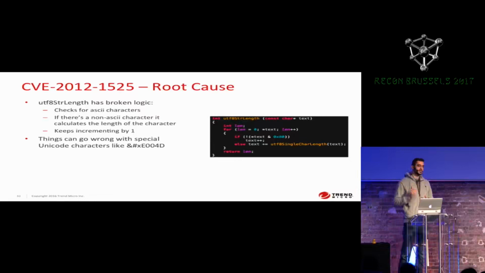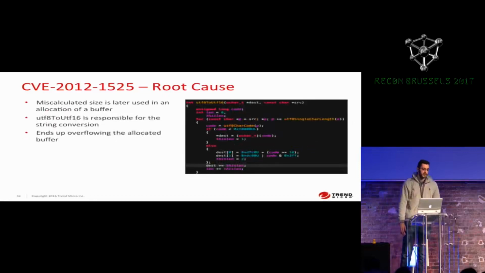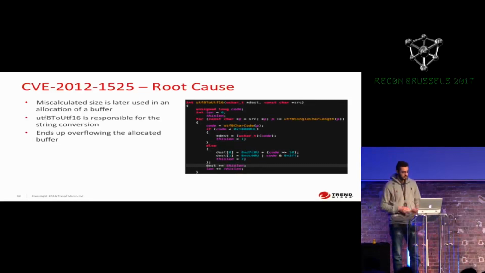But in special cases, when you have a Unicode string or something like that, it actually calculates the length but doesn't add it to the count, and it keeps incrementing the count by 1. That basically leads to a miscalculated length. That length is later used in an allocation, and then it's passed to UTF-8 to UTF-16, where the actual heap-based buffer overflow happens.